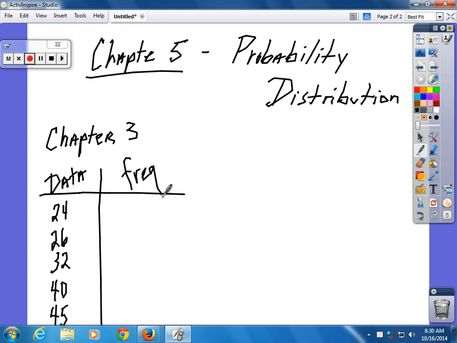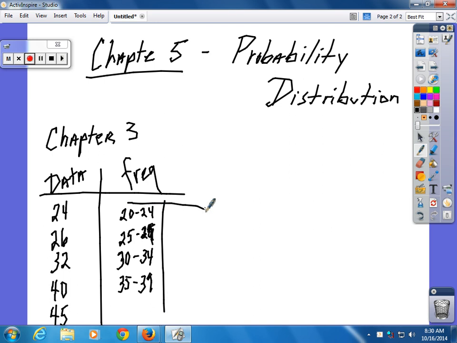And that was 20 to 24, 25 to 29, 30 to 34, 35 to 39, and then you had the head count over here, which was F, and this is the class, and 2, 4, 6, 8.